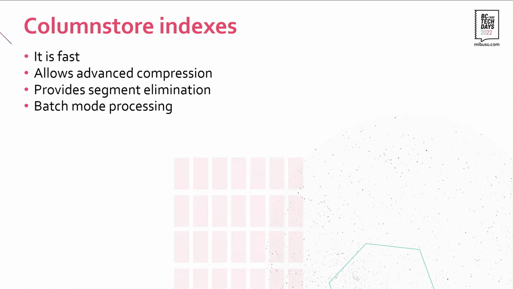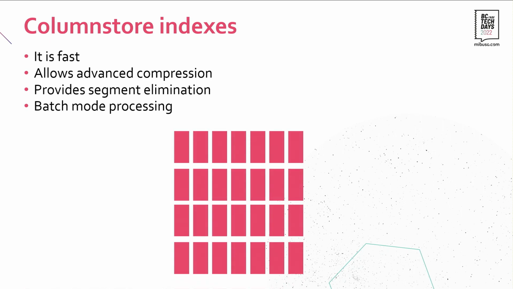Column store data is logically organized as a table with rows and columns, and physically stored column-wise. Meaning if we have 5 fields in our column store index, it would be stored like a table where each column holds 1 field. The column store index groups rows into manageable units, and each of these units is called a row group.